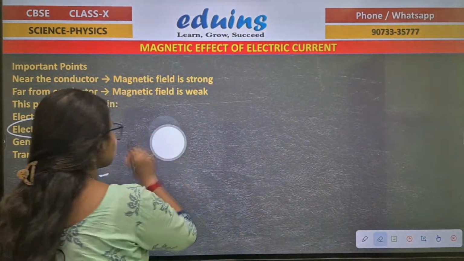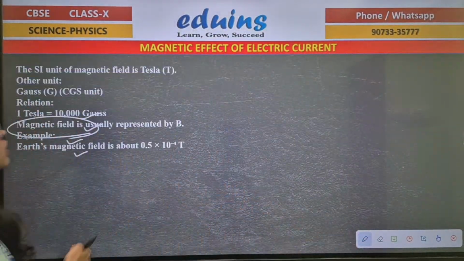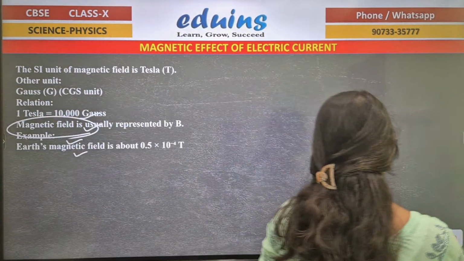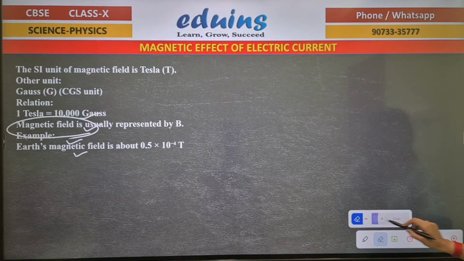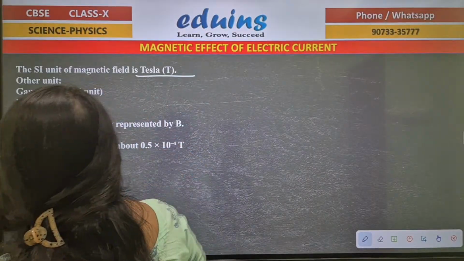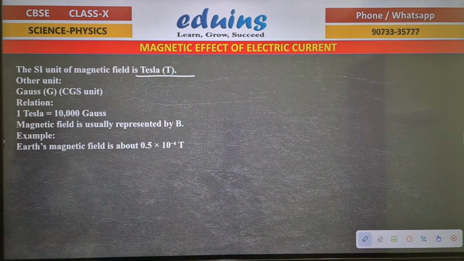Now we have to know the units. The SI unit of magnetic field is Tesla, and in CGS, Gauss. Okay?